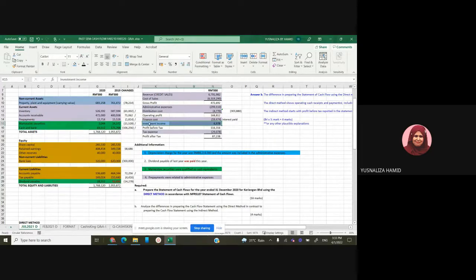Here for the investment income, check somewhere in the current asset section if you have any dividend or investment income receivable. Do you see any income receivable here apart from accounts receivable, class? Do you have any of that? Do you see any dividend receivable here? No. Do you see anything? Nothing, right?